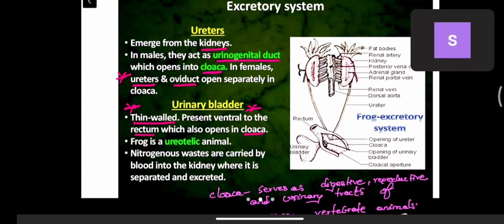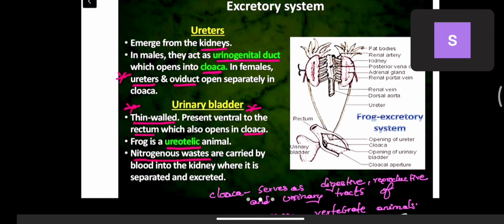And a frog is a ureotelic animal. It means it releases uric acid. Frogs release what kind of nitrogenous waste? They release uric acid. That is why they are called ureotelic animals. Understood? And this uric acid is composed of nitrogen, so it is also called nitrogenous waste.